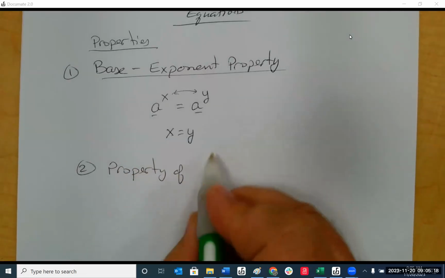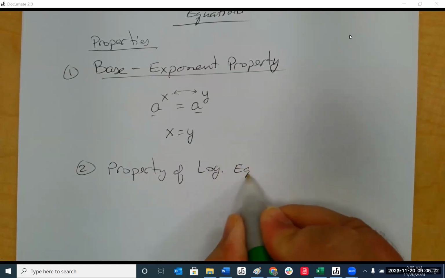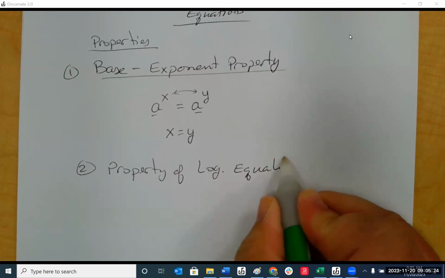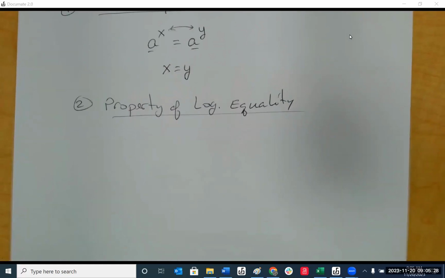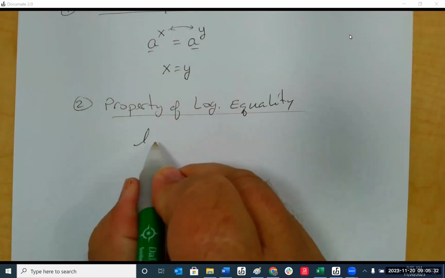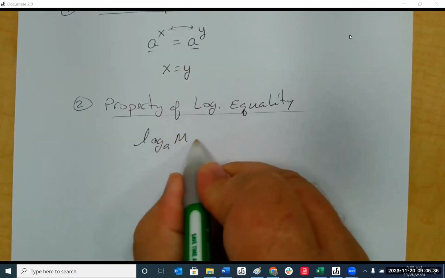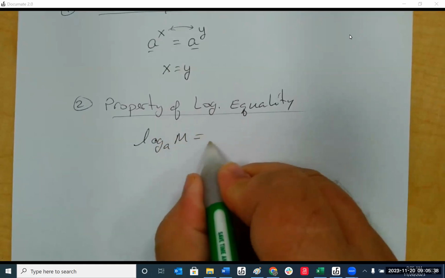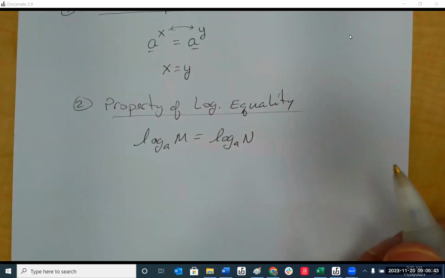Property of logarithmic equality. Log base A of m equals log base A of n.